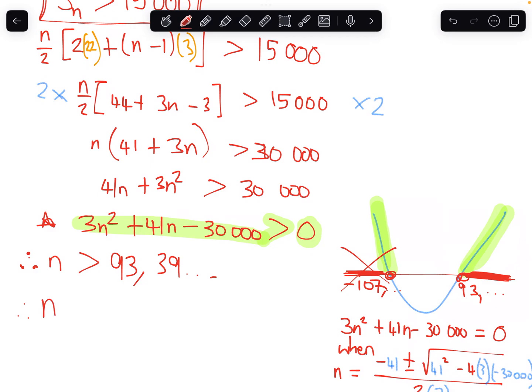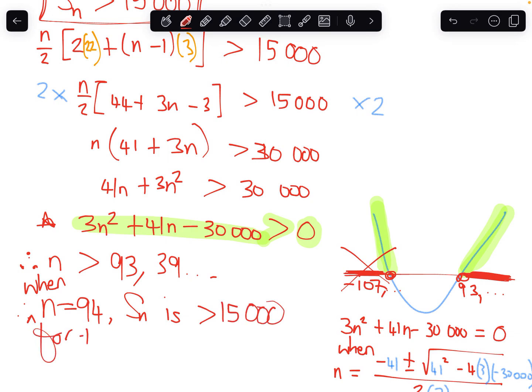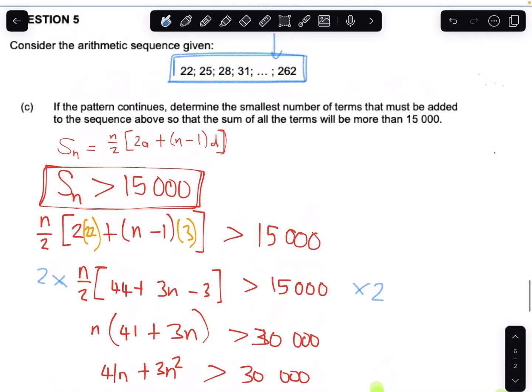So therefore n is 94. So when n is 94, okay, Sn is greater than 15,000 for the first time.